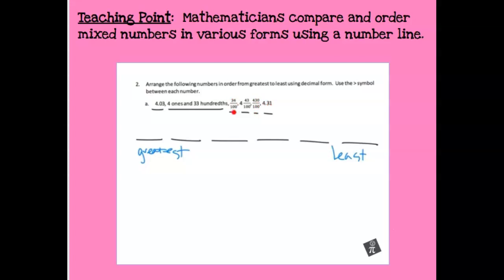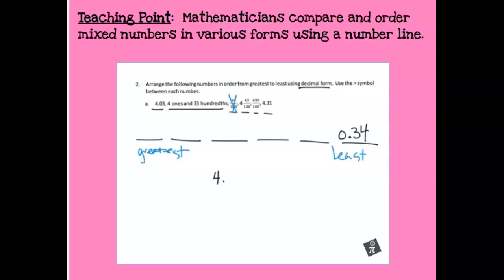The only one that's not larger than 4 is this 34 hundredths. So that is going to go right here as the least. We automatically see that as the least, and we're asked to write it in decimal form, so that's what I did. Now let's take each one of these numbers, and if it is not already in decimal form, let's write it in decimal form.